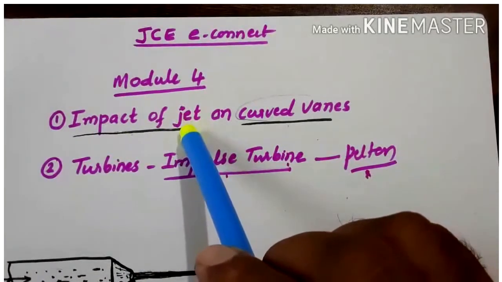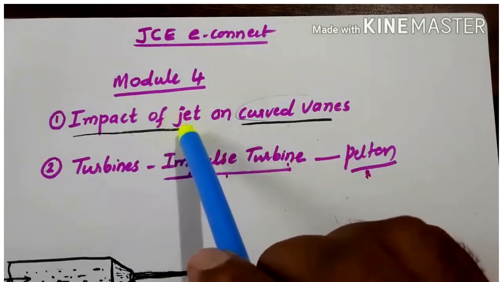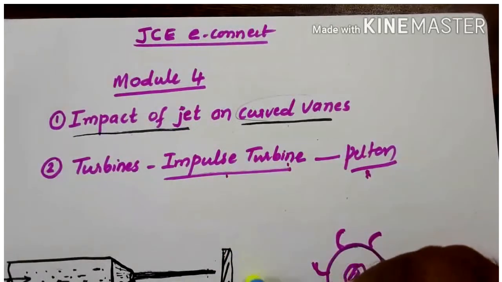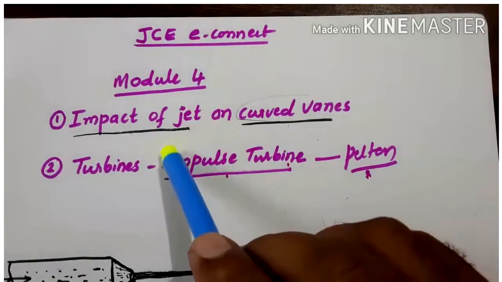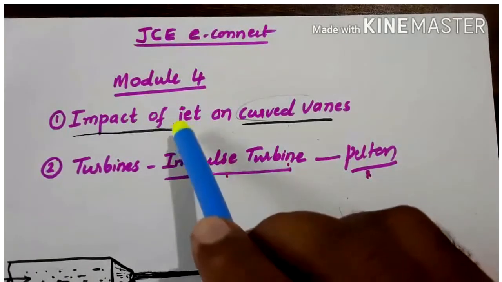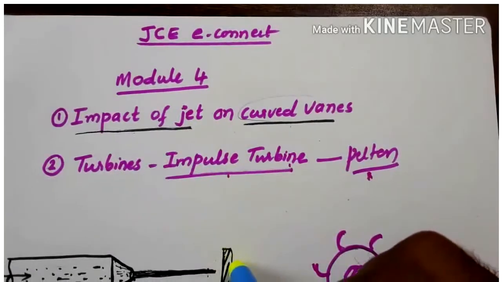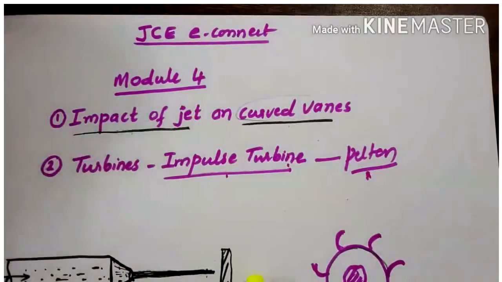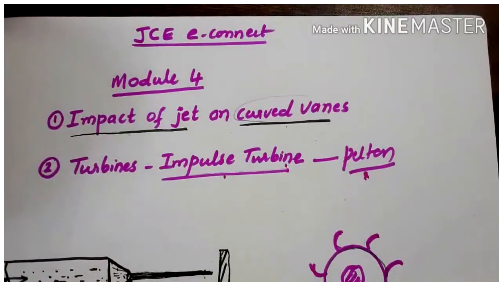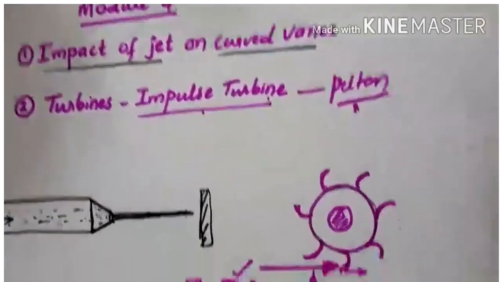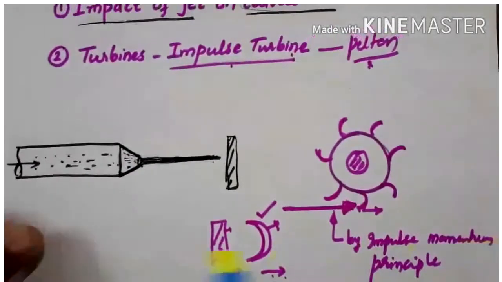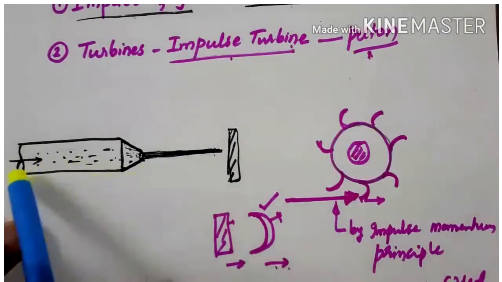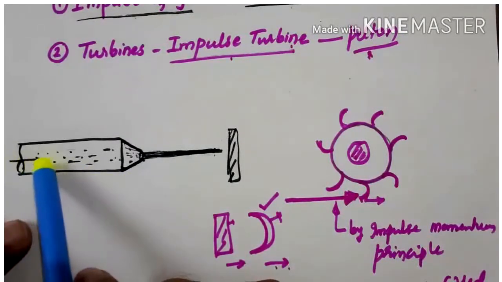In this particular lecture I'll be discussing some fundamental concepts which are essentially required for analysis of the force of impact of jet. In previous lectures we discussed the impact of jet, that is when the liquid is flowing through a pipe.